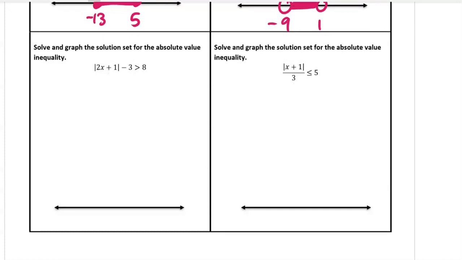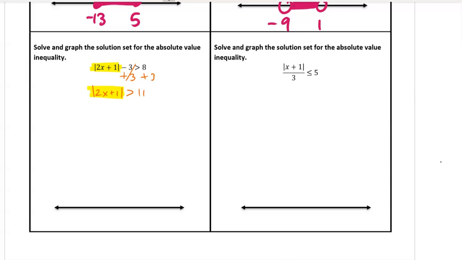All right, next we have the absolute value minus 3 is greater than 8. Again, we need to isolate. How do we get this absolute value by itself? We add the 3 to the other side. Now that our absolute value is isolated, we can go ahead and identify how many solutions.